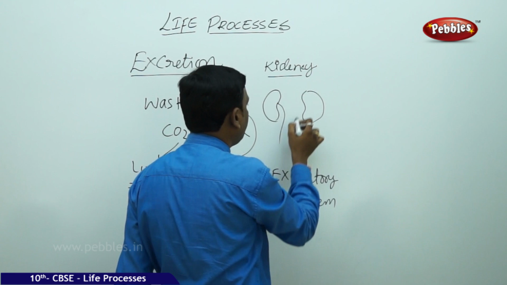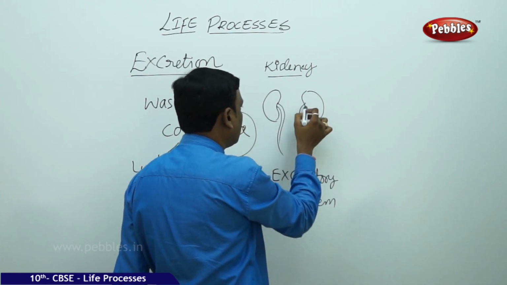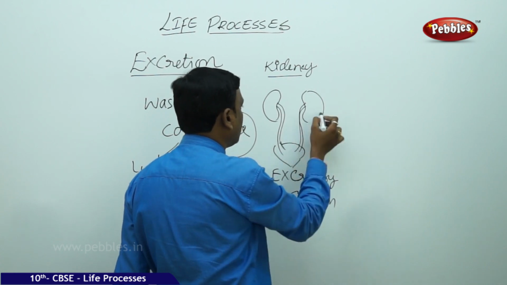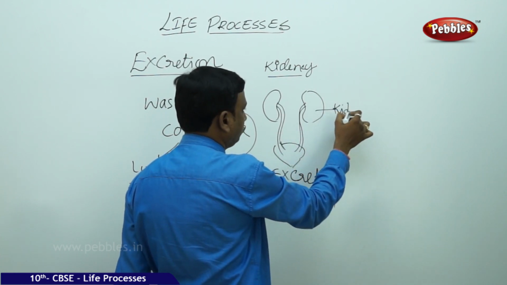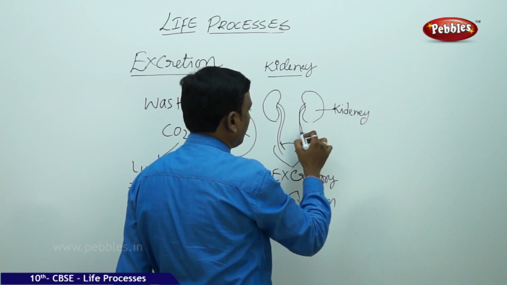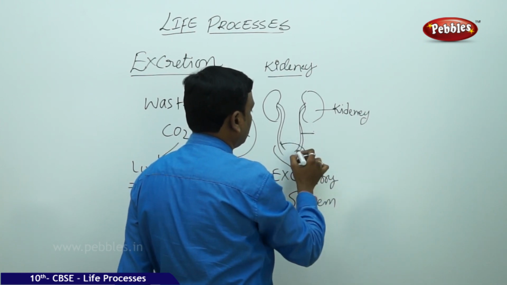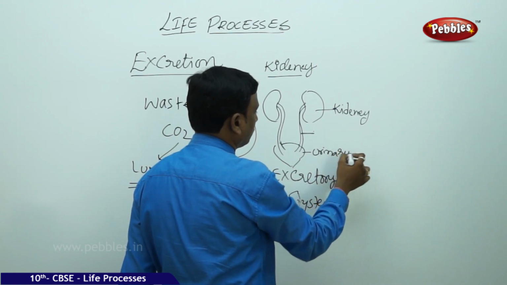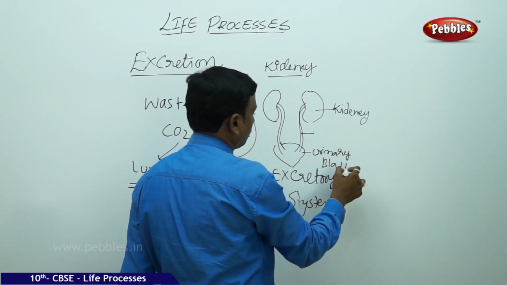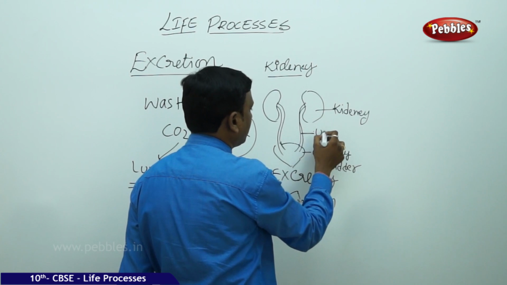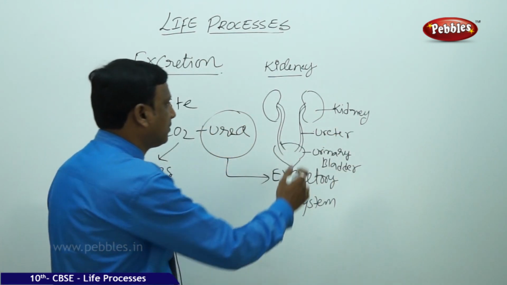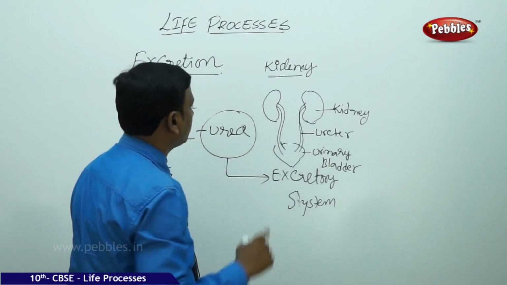They are red colored, bean shaped organs present in your abdominal cavity, and the excretory system has organs called kidneys, ureter, urinary bladder, and urethra. So kidneys are the major organs of excretion.